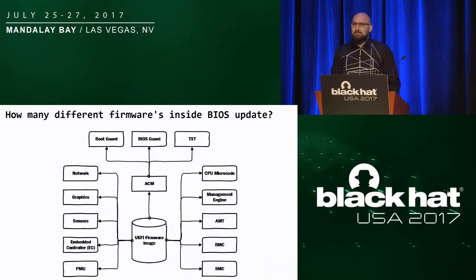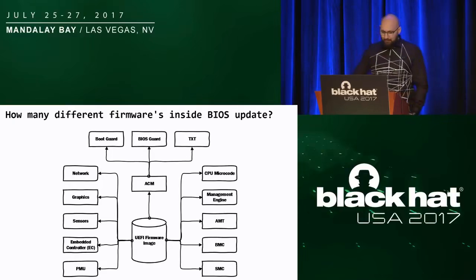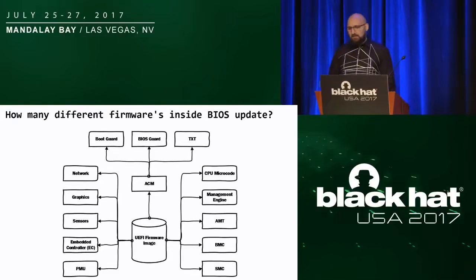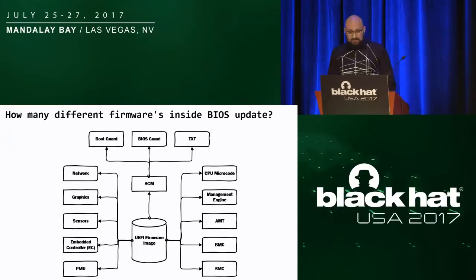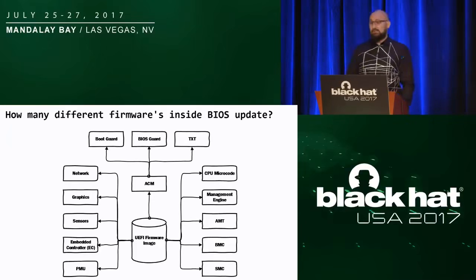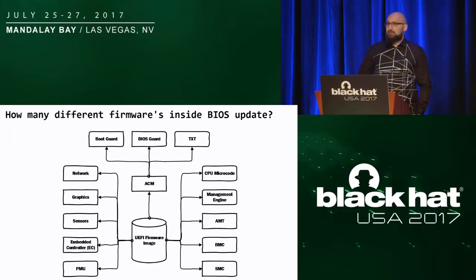This picture shows how many different firmwares can exist in a BIOS update image. And actually, it's not only BIOS. As we can see, there are ACM modules for Boot Guard, BIOS Guard, TXT. There are microcode updates, the Management Engine, graphics and networking if they are embedded into the motherboard or PCH. Also the embedded controller, even power management gets updates from the BIOS.